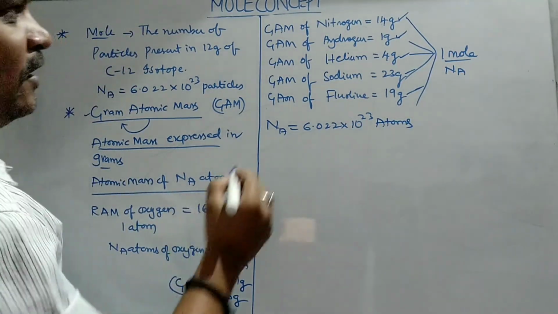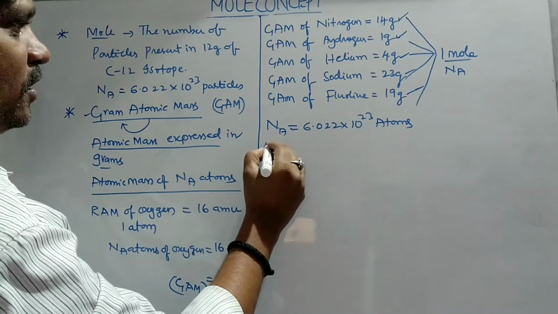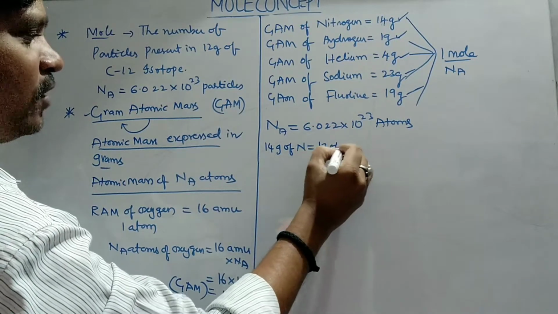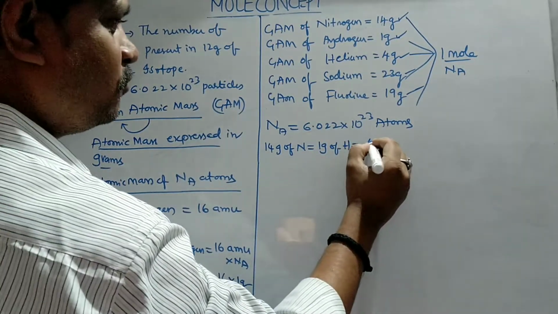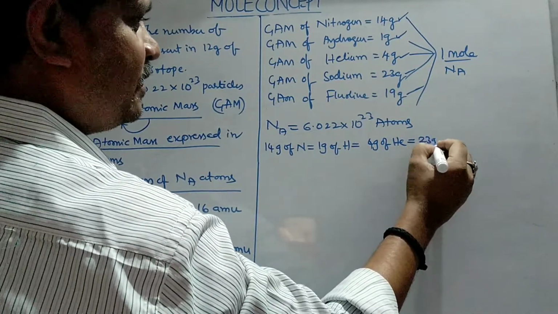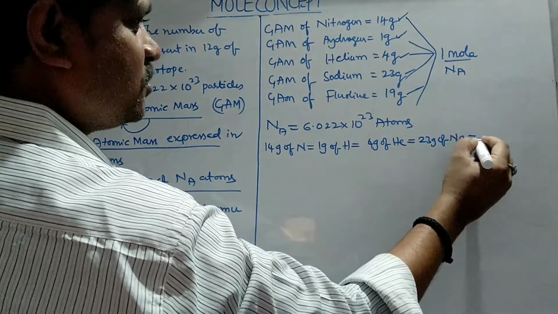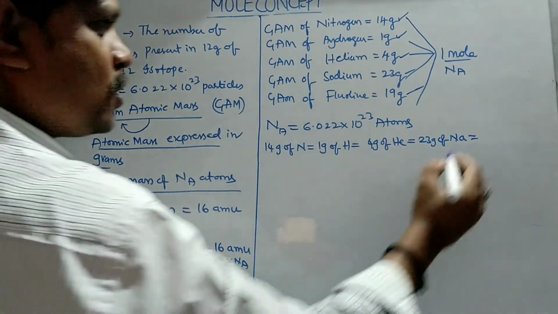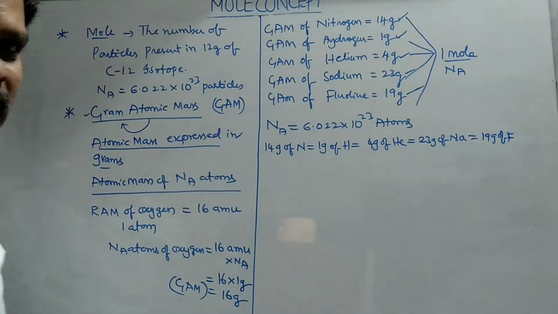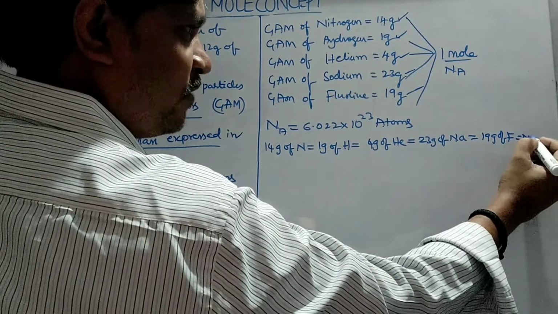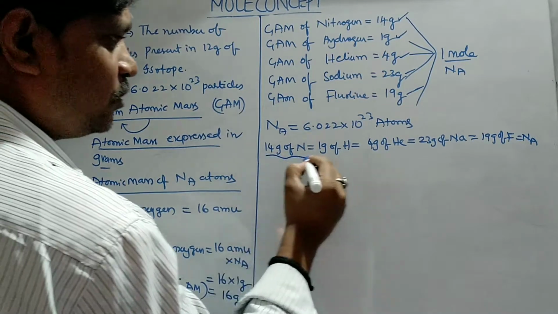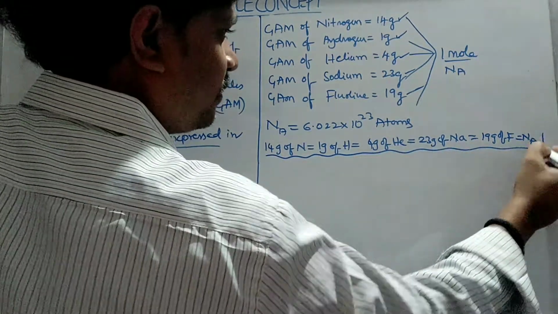It means 14 grams of nitrogen is equal to 1 gram of hydrogen is equal to 4 grams of helium is equal to 23 grams of sodium is equal to 19 grams of fluorine. That is equal to the Avogadro number. This is totally the Avogadro number.